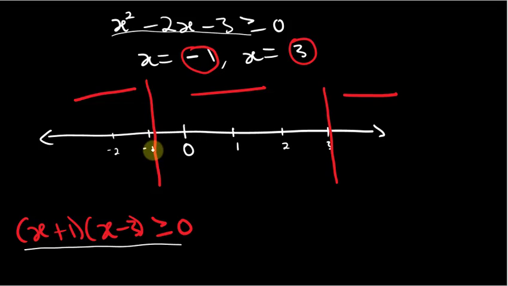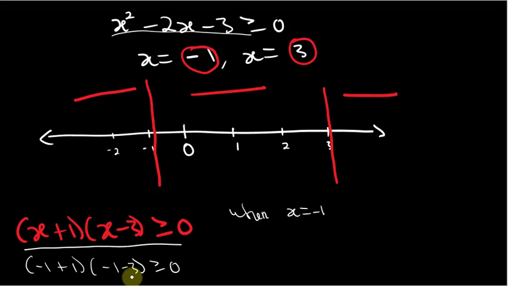We start with the -1. When x is equal to -1, what is going to happen? We substitute -1 into this factorized expression. So we are going to have -1 plus 1, and -1 minus 3 is greater than or equal to 0.